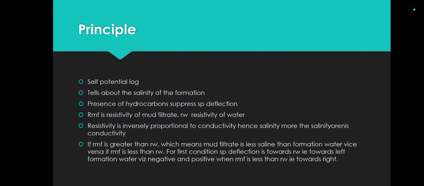When RMF is greater than RW, the SP deflection is towards the left side, which is negative, where RW is the resistivity of the formation water, and it is positive when RMF is less than RW.